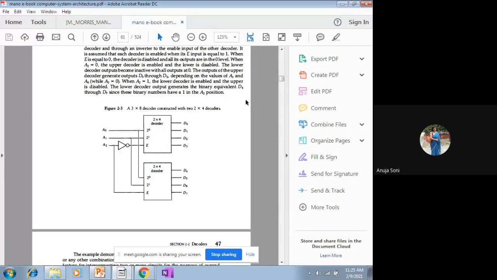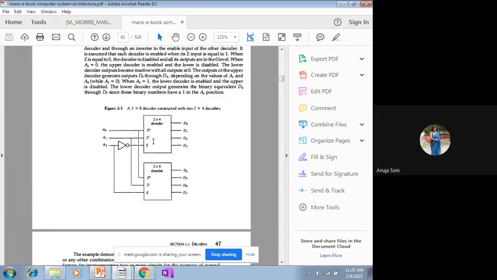I told you earlier that the enable value will be either 0 or 1. In case it is 0, then the upper decoder will be functional, and whenever the value of A2 is 1, then the lower decoder will be activated.